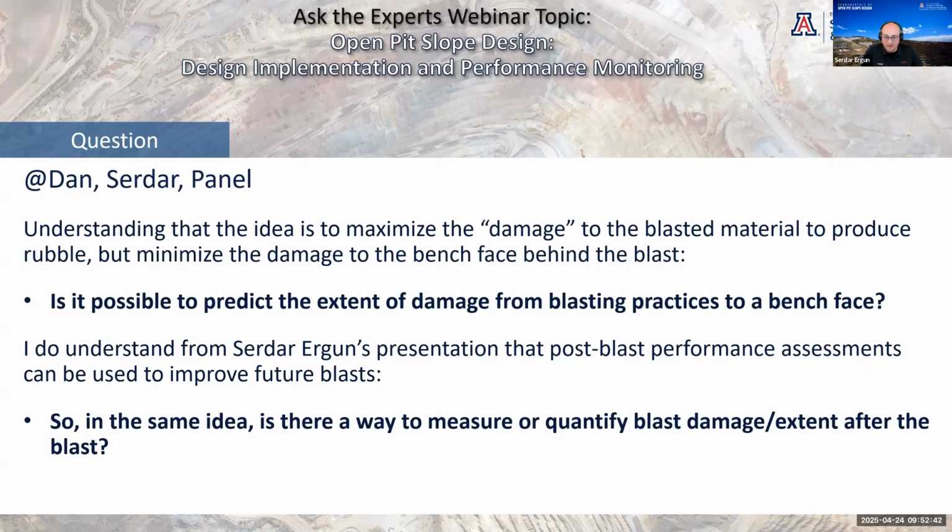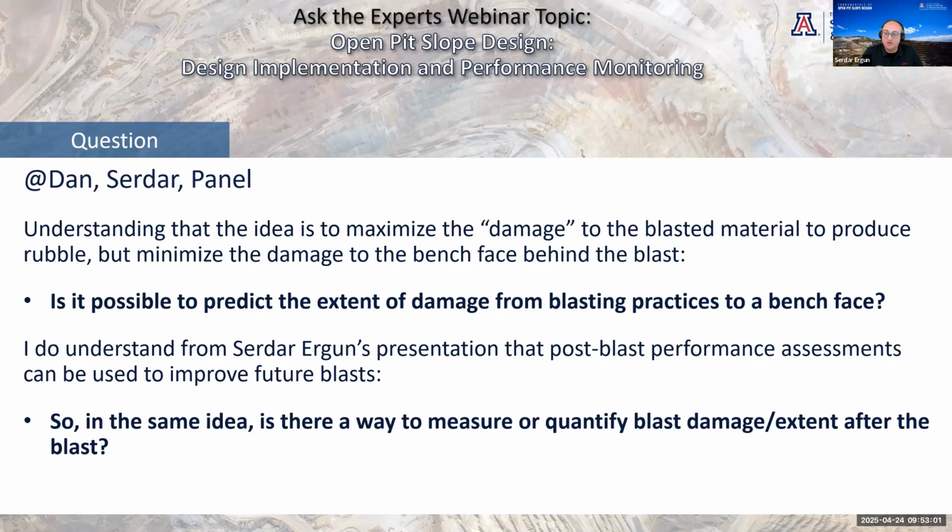I'm not a blasting expert here. I'm a geotech engineer, but in every blast near a continuous deformation location or potential instability, we do use the seismic monitoring, and our blasting engineers and geotech engineers get that information.